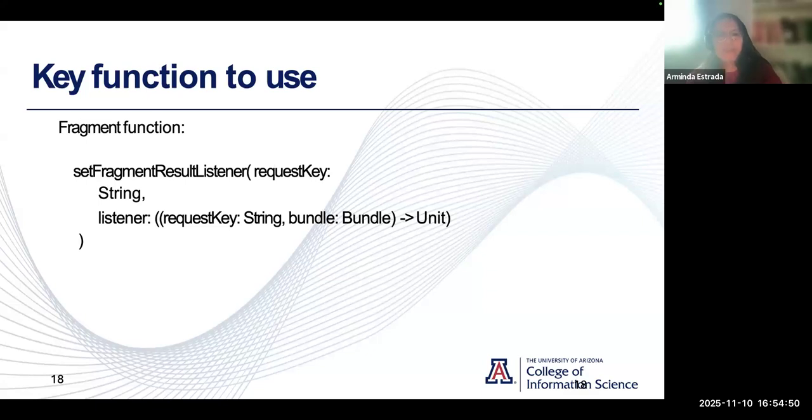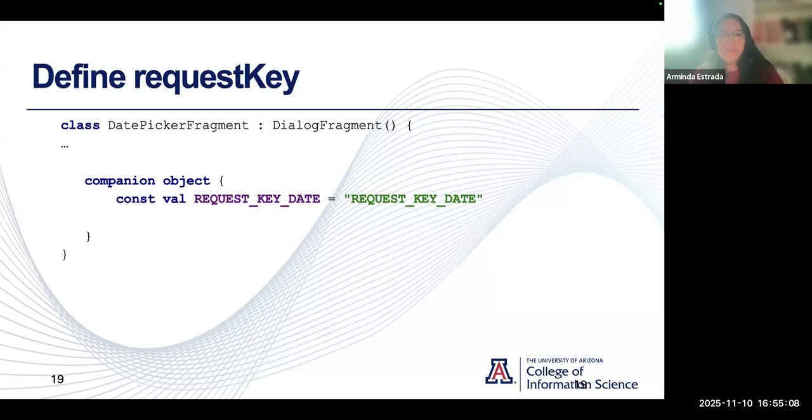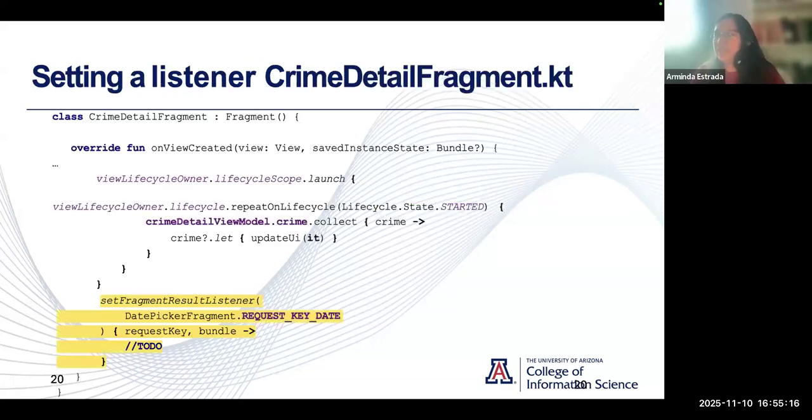Well, we do this with the fragment function setFragmentResultListener. This listens using the string, the listeners, and then we request the key, the bundle, and the unit. So we have to define the request key. Again, this is a constant value, and we call it REQUEST_KEY_DATE in our case.